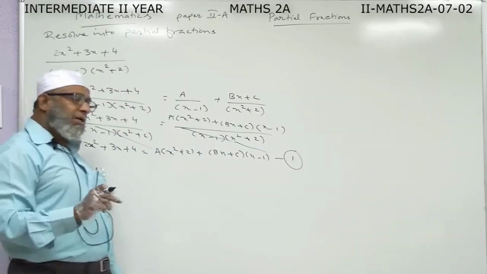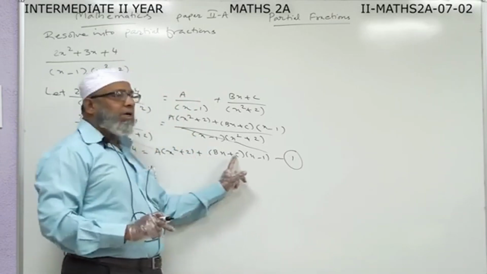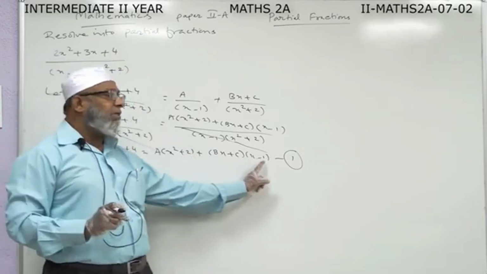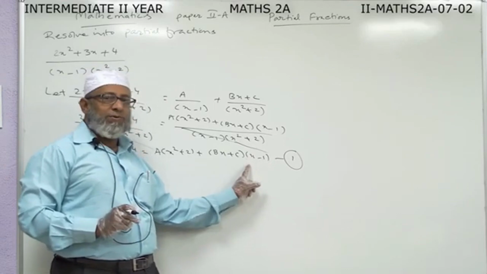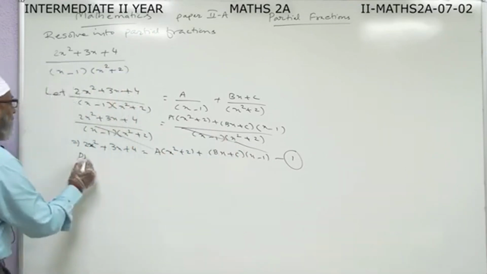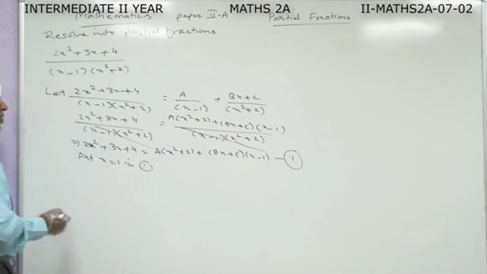Now, my purpose is to get the values of a, b and c. What is the number here? Minus 1. So if I put x = 1, this will become 0. Put x = 1 in equation 1.